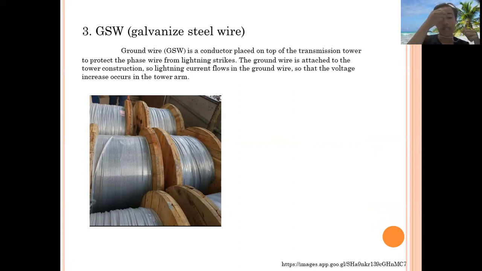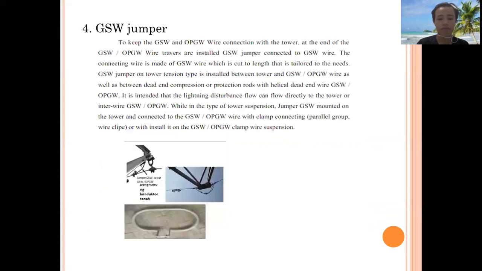It is usually installed at the very top of the transmission tower. Number 4 is GSW chamber, to keep the GSW and OPGW connected with the tower. At the end of the GSW there is an installed jumper connected to the GSW wire.